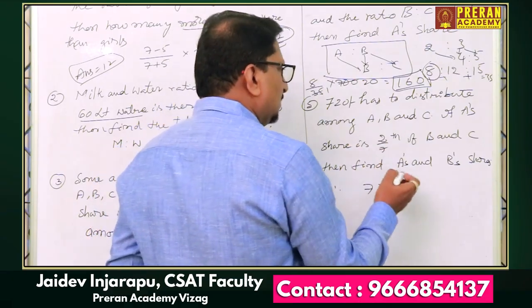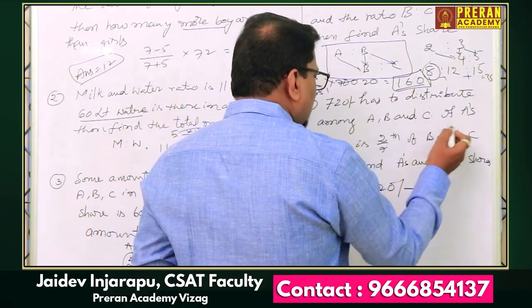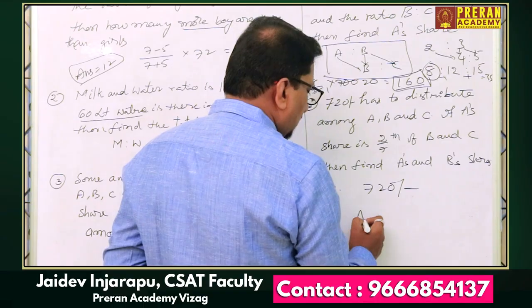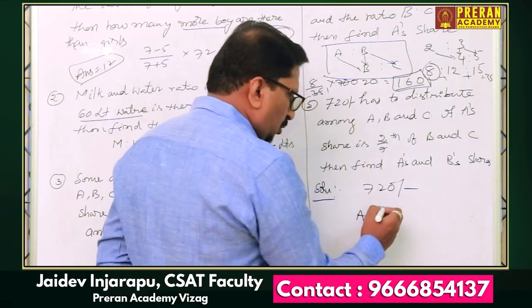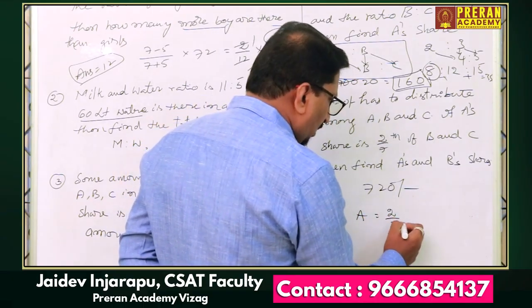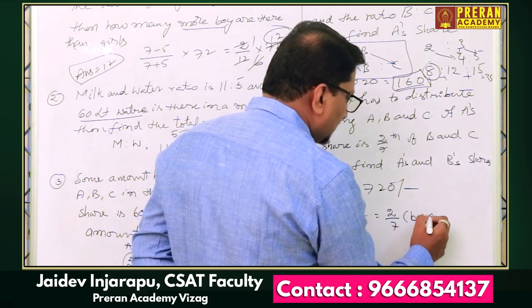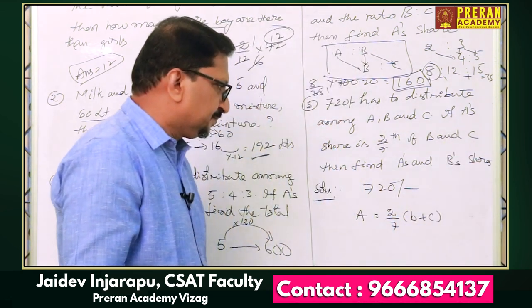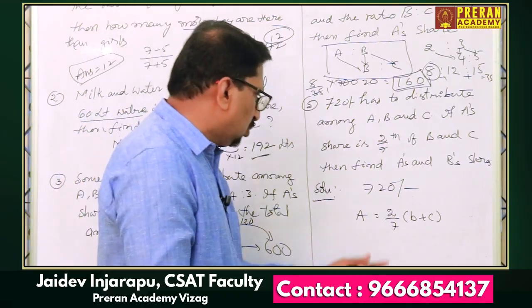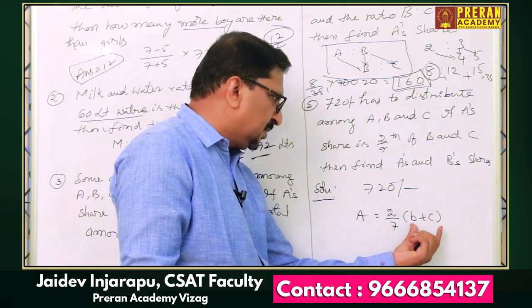What is that? A's share is 2 by 7th part of B plus C.